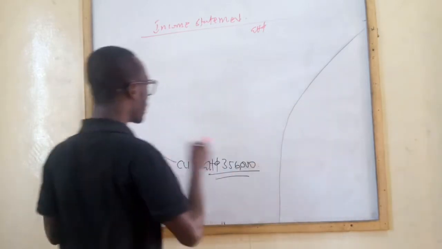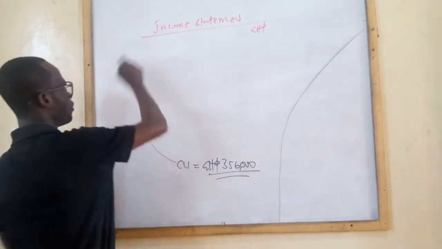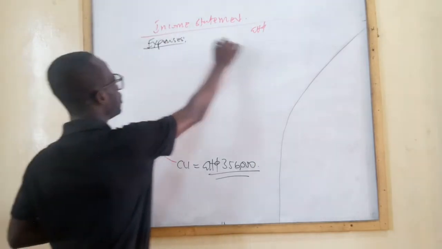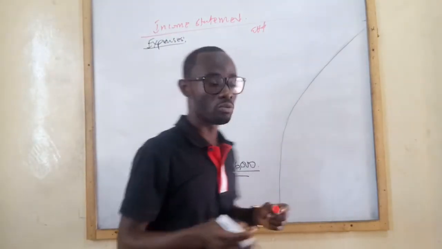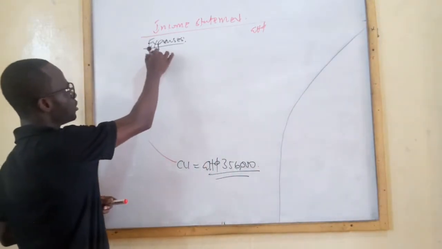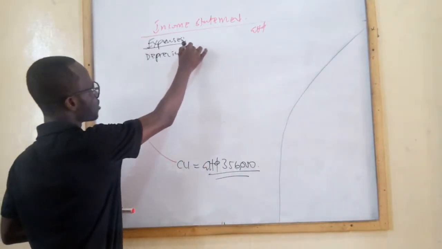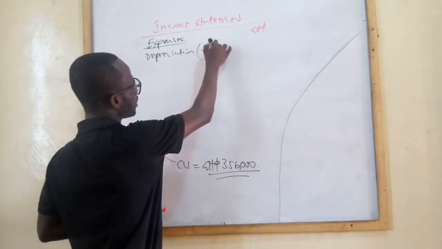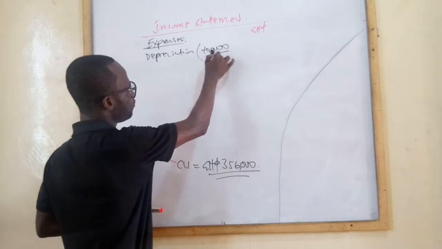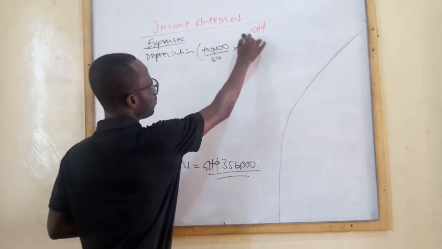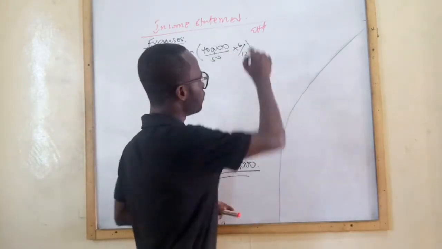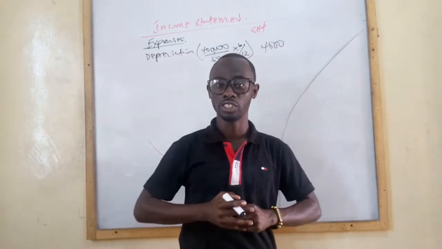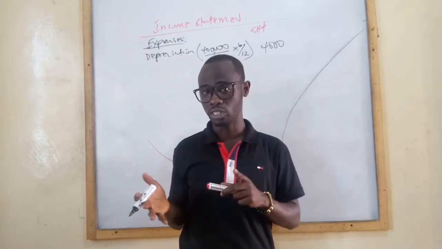We're going to bring in expenses, and the first thing is our depreciation for the 6 months. That is 400,000 over 50 by 6 over 12, which gives us 4,000. That's the depreciation we are going to be charging in relation to that asset for 2012.